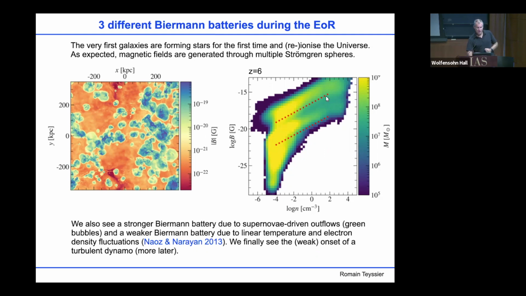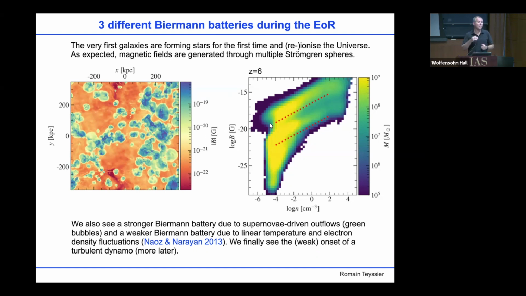Why is it higher than the photoionization? Because the temperature of the supernova-driven galactic outflow is not 10 to the 4, it's 10 to the 6. And remember the scaling relation that I showed earlier, you can explain a higher field by just plugging in a higher temperature. And so that's how we explain these different processes here.